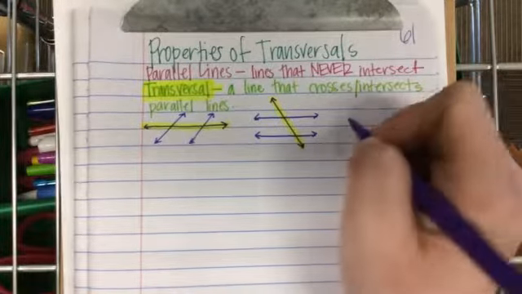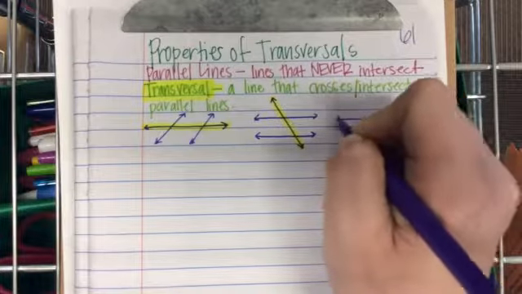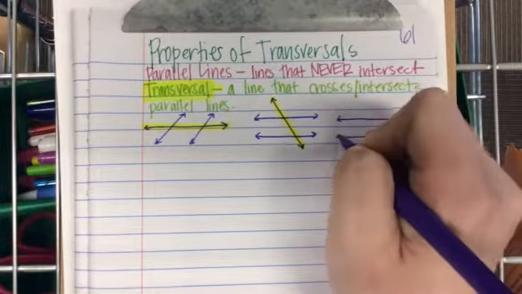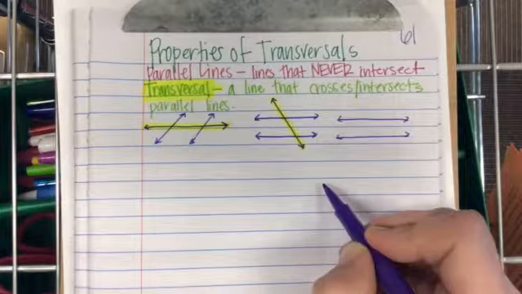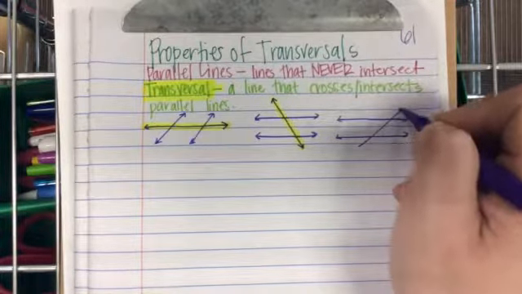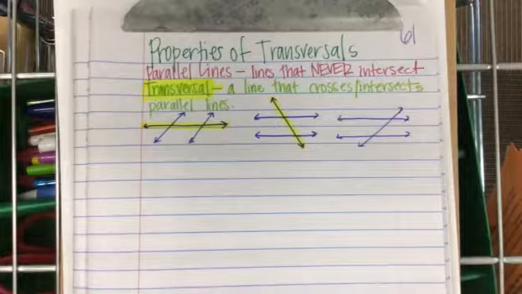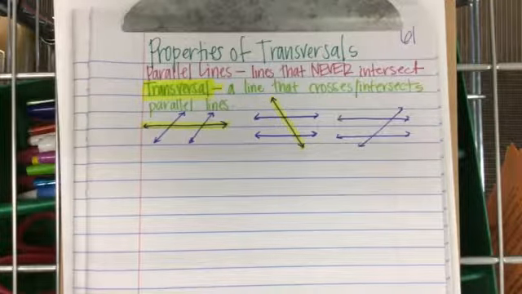Could my transversal go the opposite way? Yes. Instead of going down, it could go up. Sure. The transversal doesn't matter which way it points.